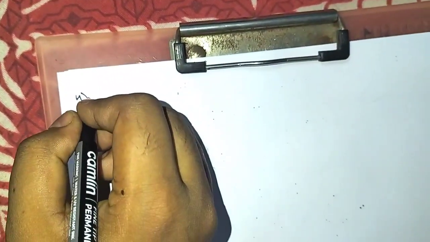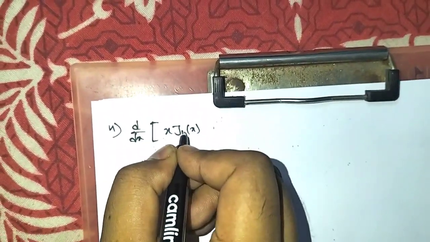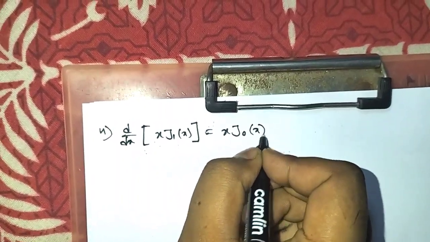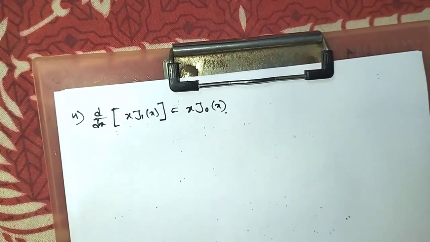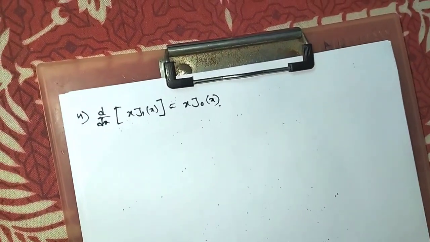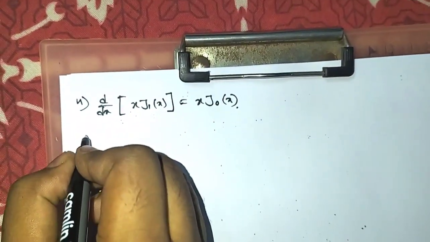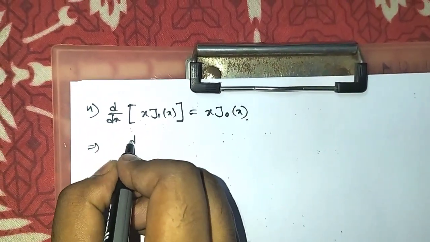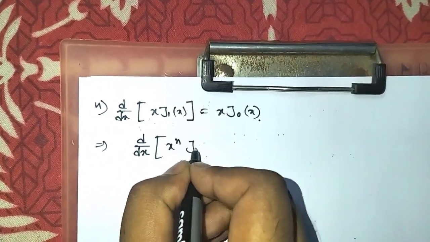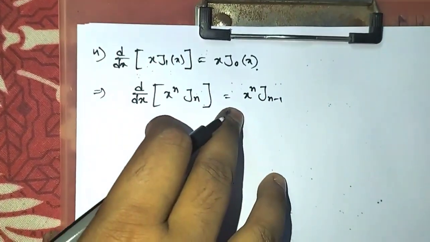Now this next math, number 4. Here it is given: prove that d/dx of x J1(x) equals x J0(x). So if you all know the recurrence relations, then all these maths will come to you very easy. Otherwise it will be very difficult. There is a recurrence relation that d/dx of x^n Jn equals x^n Jn-1. Clear?